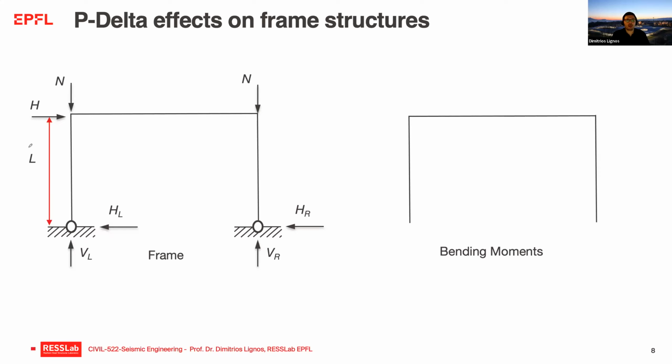In particular, if I'm dealing here with a frame that has a height of L, and I apply axial load N on both columns and horizontal load H, then by conventional statics, if I try to sketch the moment diagram, I will neglect N, because usually you assume in this case that the deflection of the frame is not large for the given set of forces.